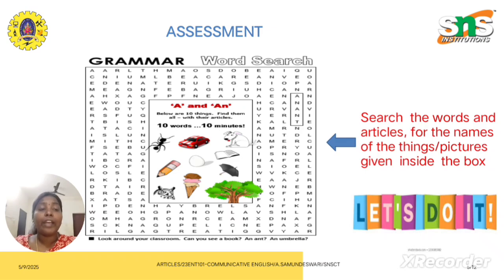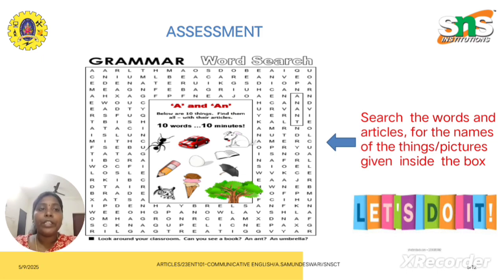Here I have a small assessment which helps you sort out the given images along with the articles that suit them. For instance, you can find images of a car, pencil, ice cream, owl, tree, dog, book, egg, and ant. So for these 10 words, you are going to find out the suitable article for the provided objects.